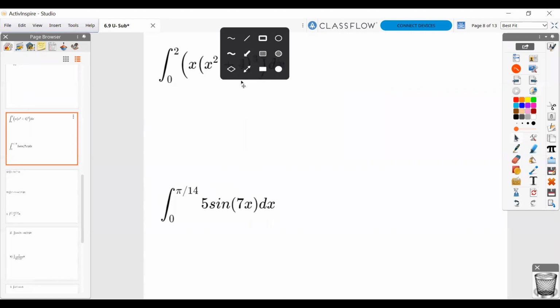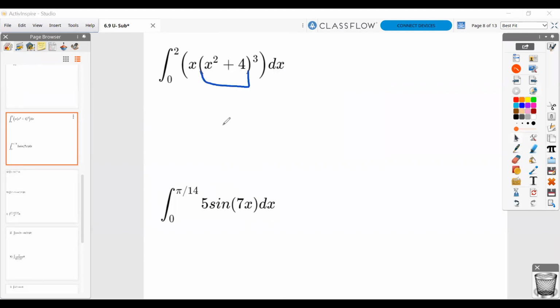So for the first one, this one is really trying to tell us that this is the u we're going to want to use. It's in parentheses already, and we're raising it to the 3rd power. There's no way we'd really use x here. We're just going to use u equals x squared plus 4. This tells us du dx is equal to 2x, or dx is equal to du over 2x.